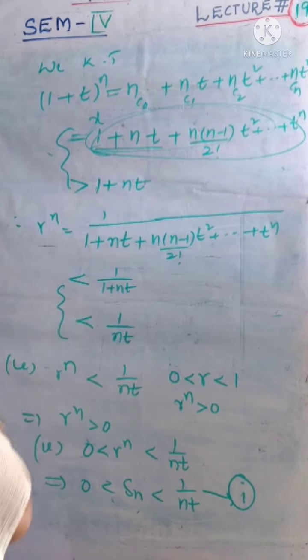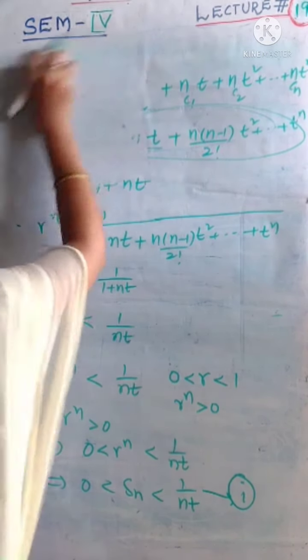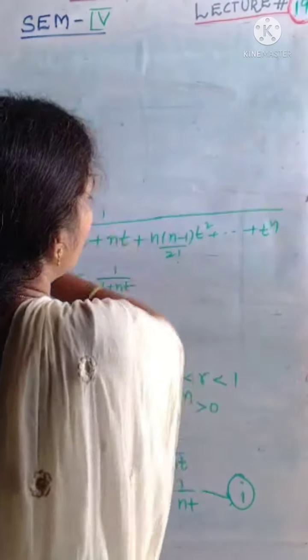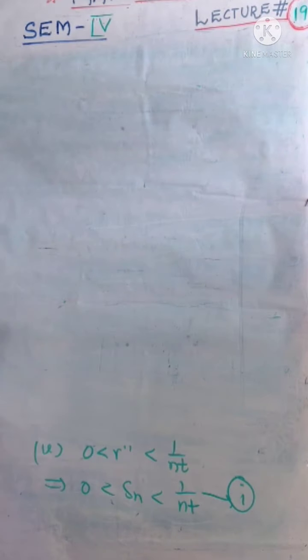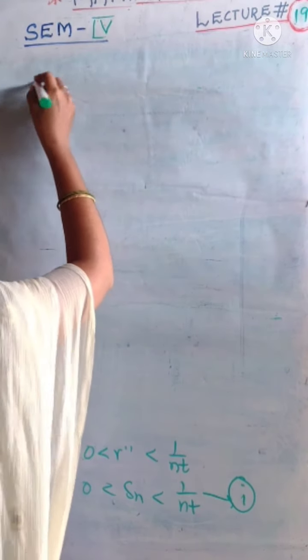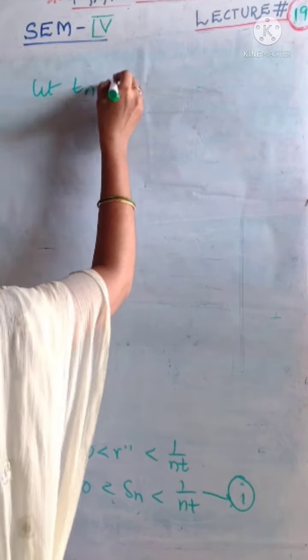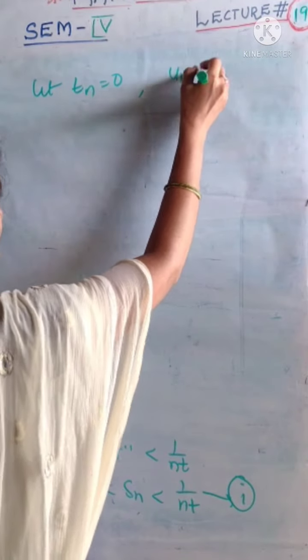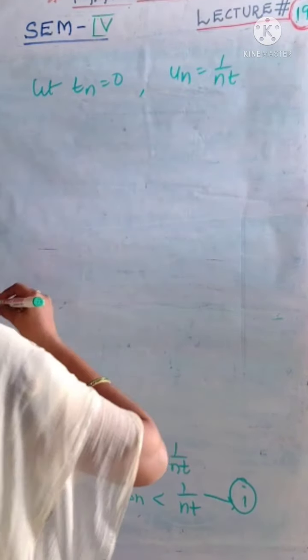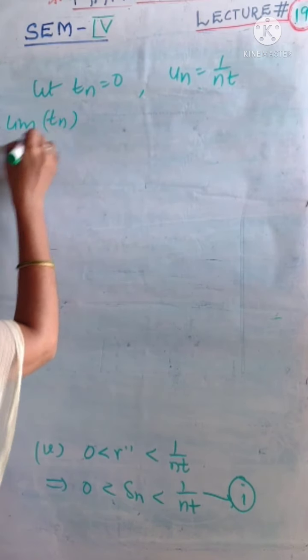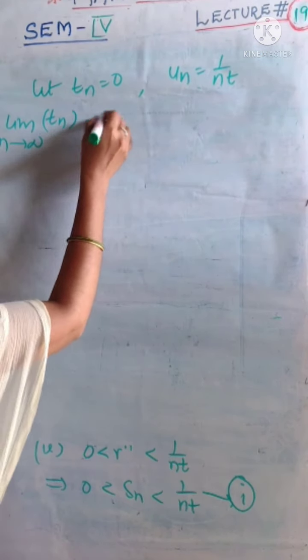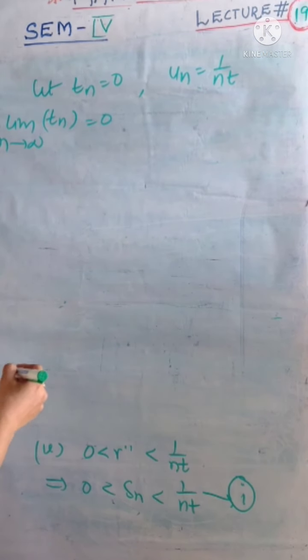Now apply the sandwich theorem. Let Tn be equal to 0 and Un be equal to 1 by nt. You know that when n tends to infinity, the limit of Tn is 0, because the limit of 0 is 0, it is constant.